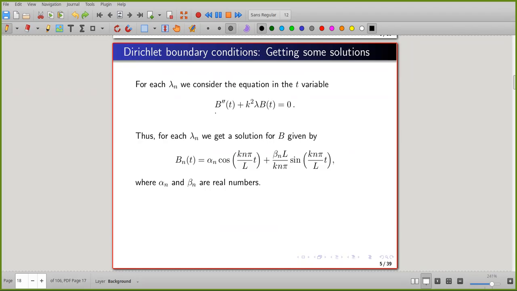Remember that for this equation, since there are no conditions on the boundary, the eigenspaces were two-dimensional. They were generated by cos and sine. I could have written alpha_n cos of this thing plus beta_n sine of this thing, but instead of that, I will write my beta_n's like this.